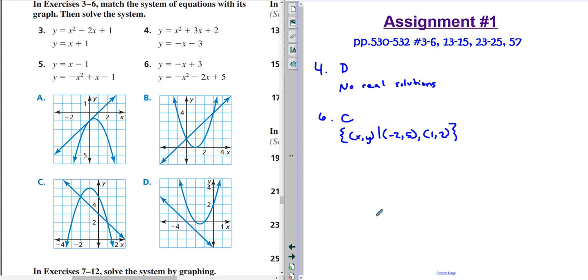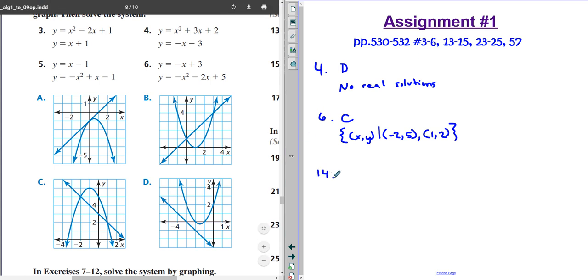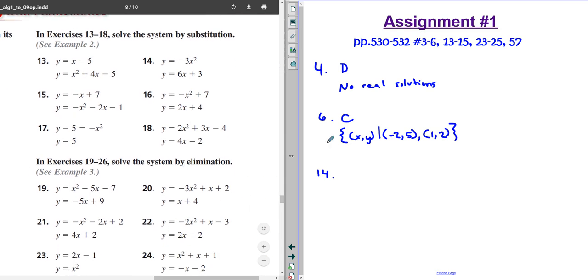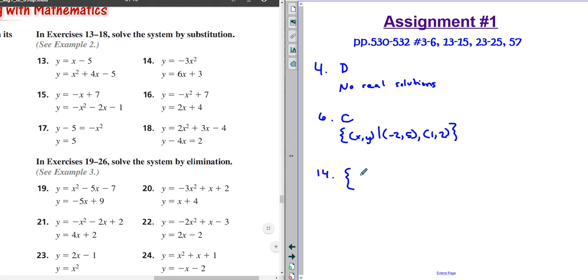I'm going to go through number 14 with you. It says solve the system by substitution. So on number 14, the system is y equals -3x squared and y equals 6x plus 3. So we've got a parabola, this quadratic equation, and a line, this linear equation.